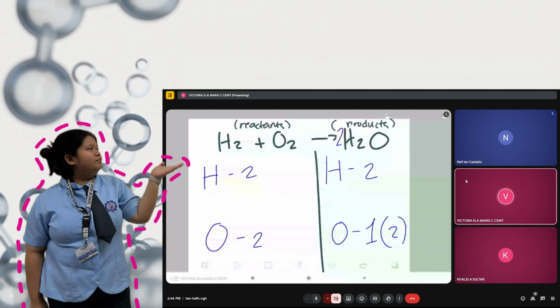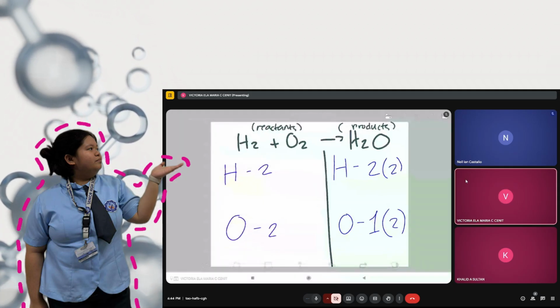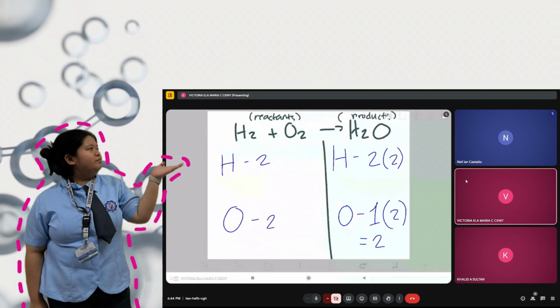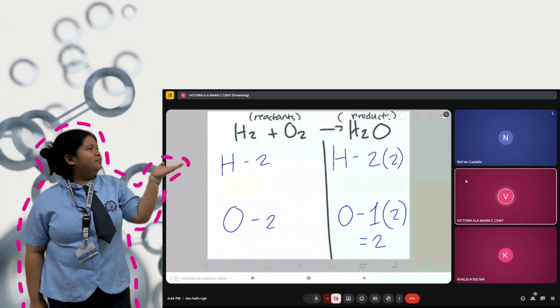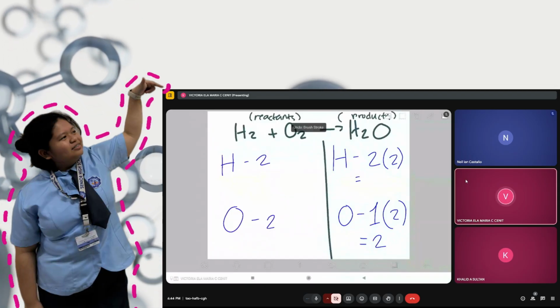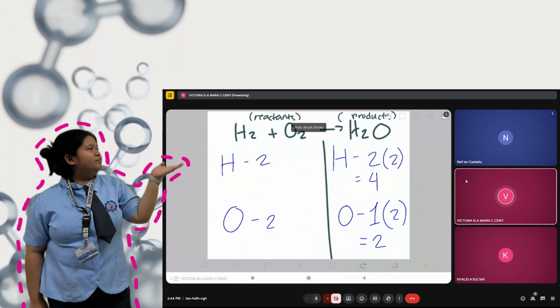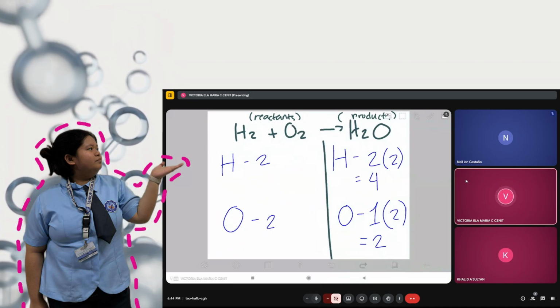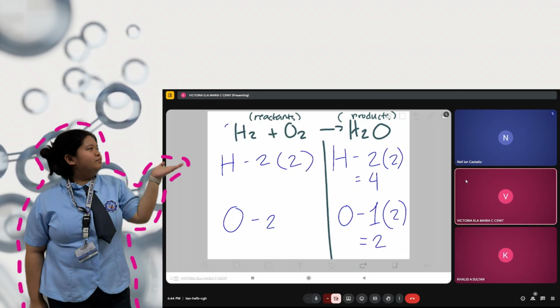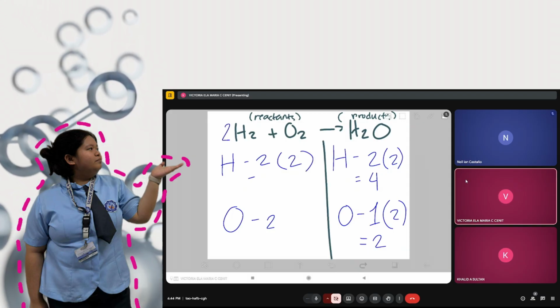So we also multiply hydrogen by 2, and now we have a balanced amount of atoms for oxygen and 4 for hydrogen, which means that we also have to multiply 2 with hydrogen on the reactant side, making it balanced.